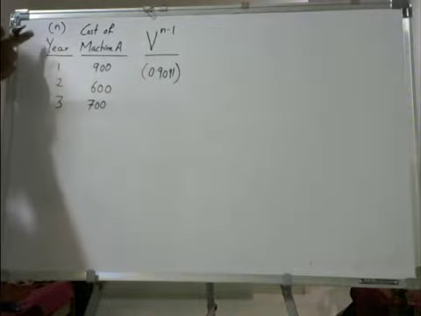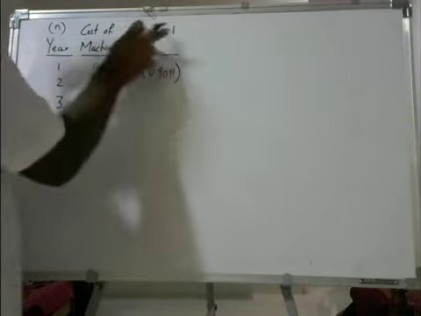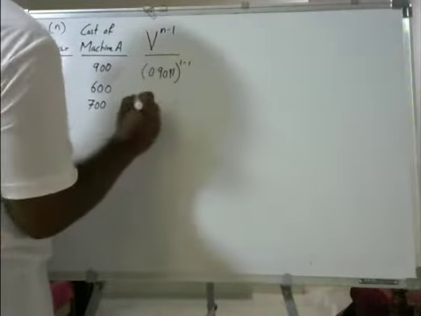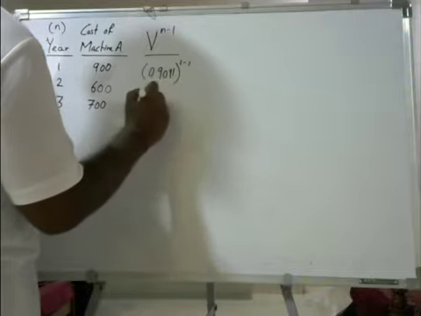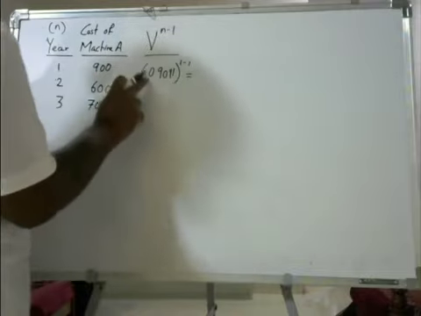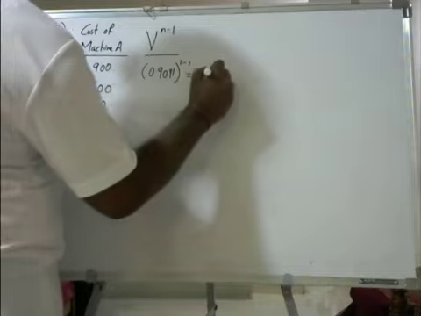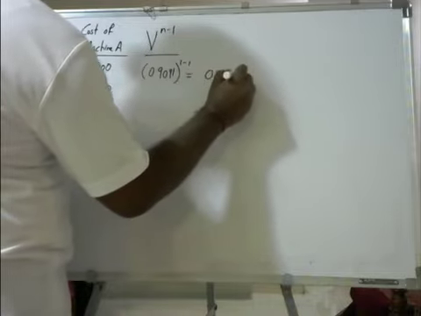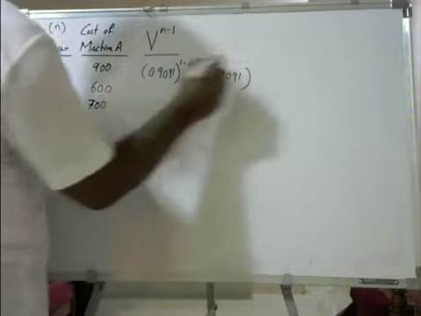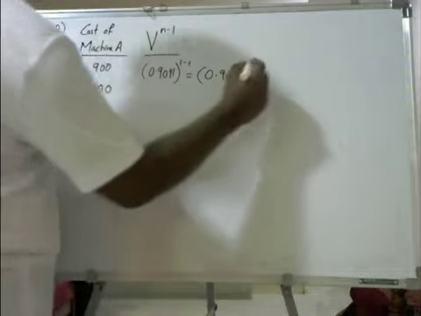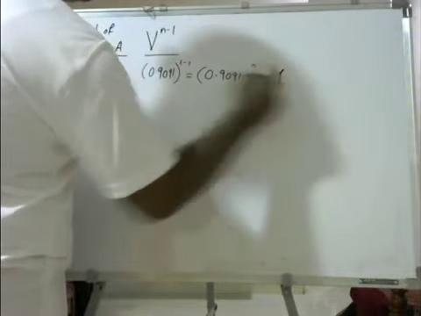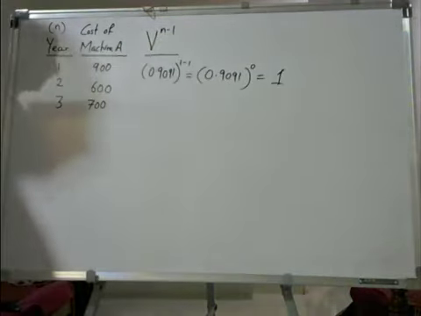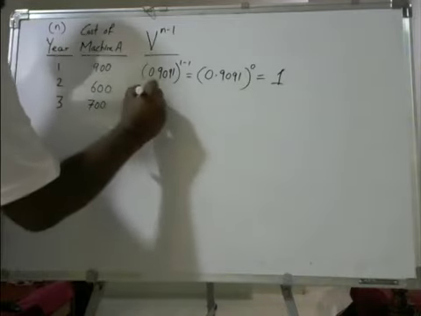N is how much? 1. 1 minus 1. So it is 0.9091 raised to 1 minus 1, which is 0. Something raised to 0 is 1. Correct? So in the same way, you will substitute this one.